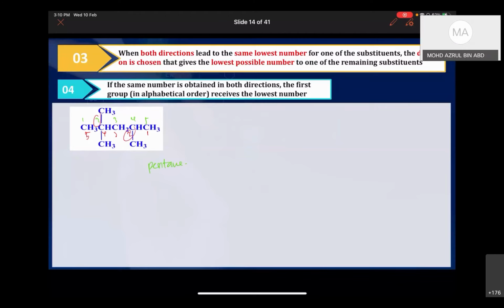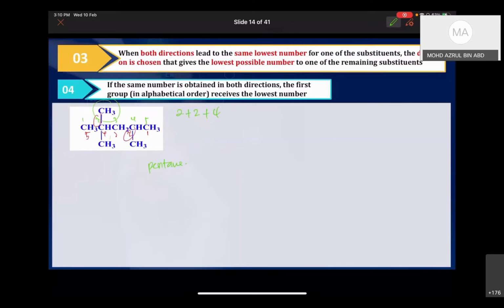For example, if I follow the green one, it will give 2 plus 2 plus 4.